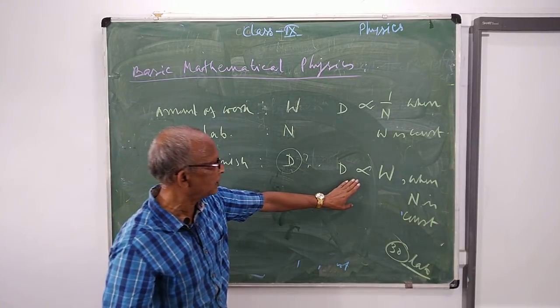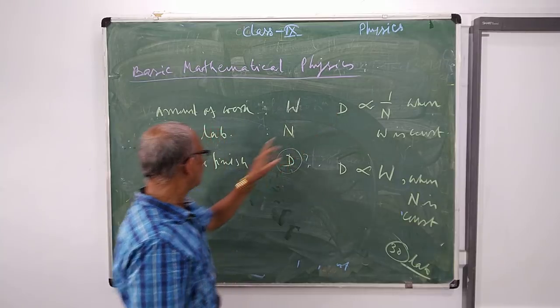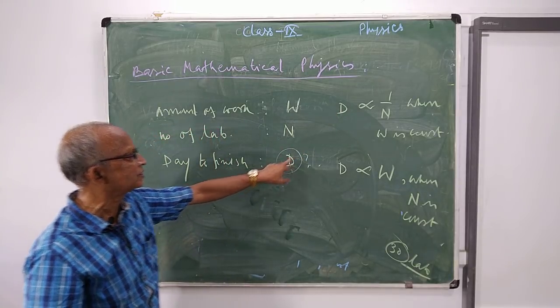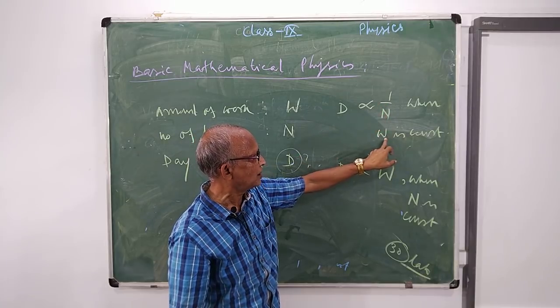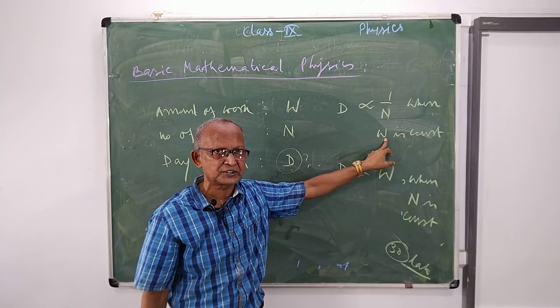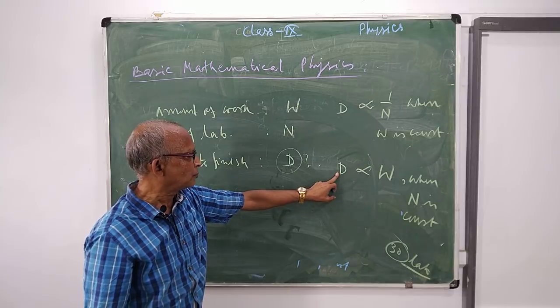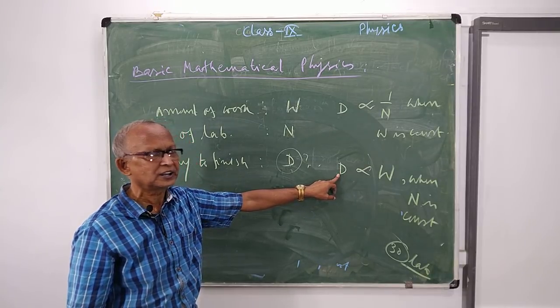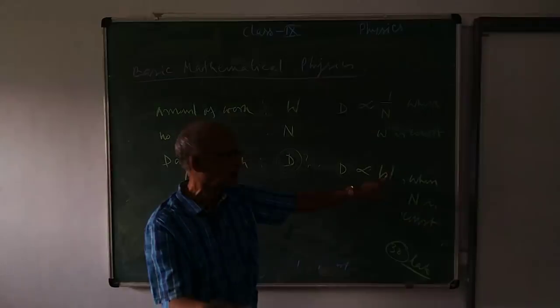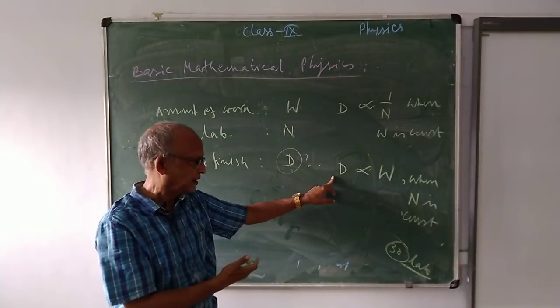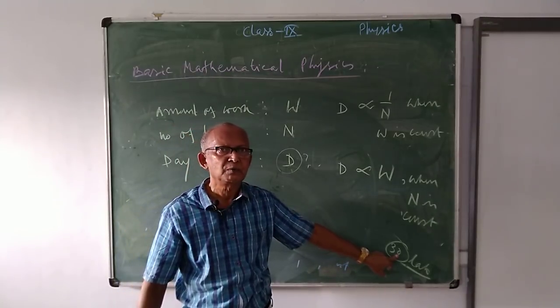I am repeating again. The number of days to finish your work is inversely proportional to the number of labors when the amount of work is constant. The number of days to finish the work is proportional to the amount of work, the more the work, the more the days, when the number of labors is constant.